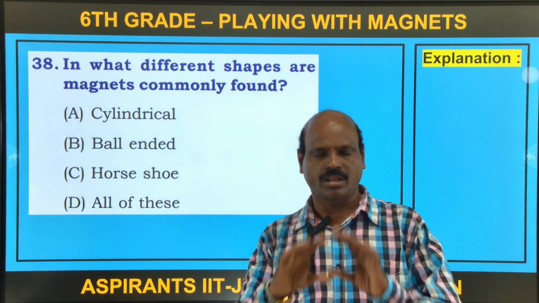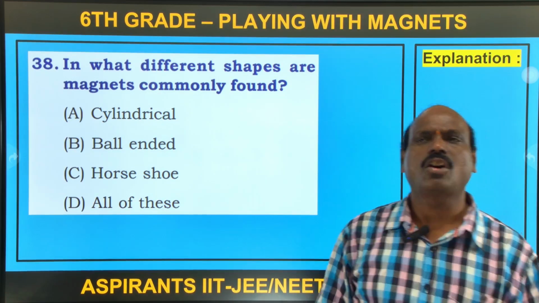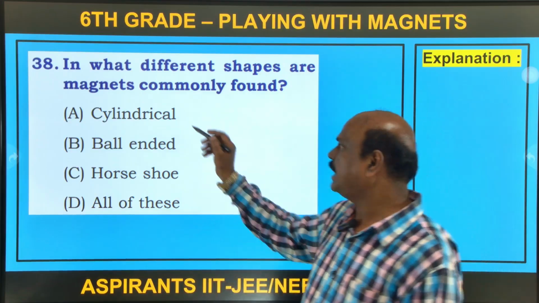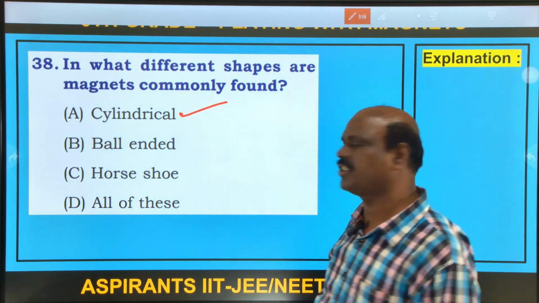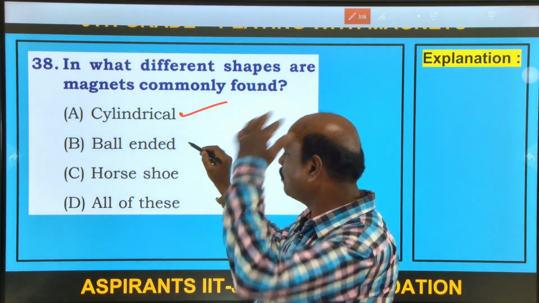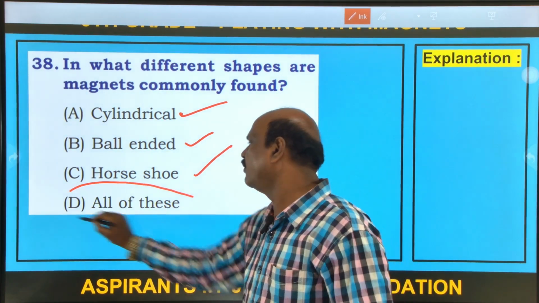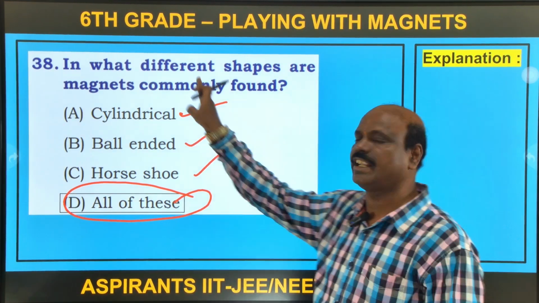Depending upon the usage, the artificial magnets which we prepare come in different shapes. They are available in cylindrical shape, as a ball ended shape, and as a horseshoe. So the option is all of these, meaning we get magnets in all these shapes.